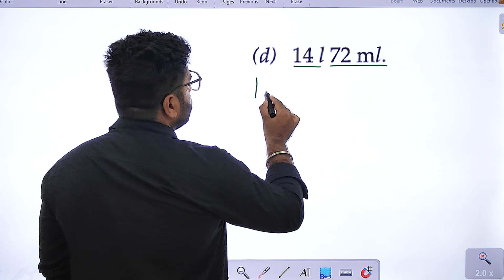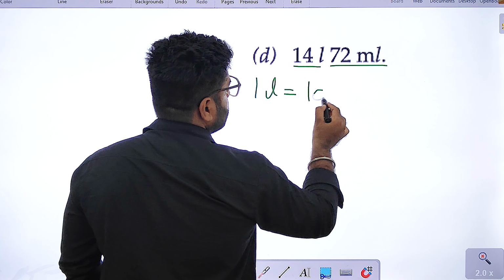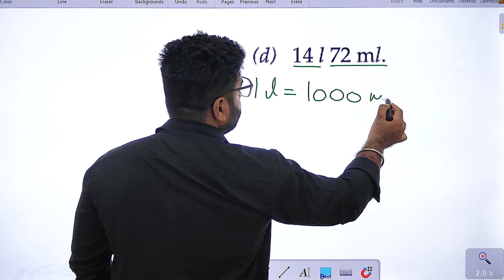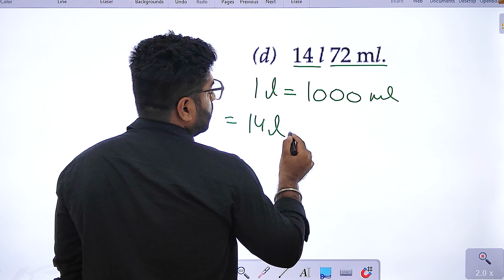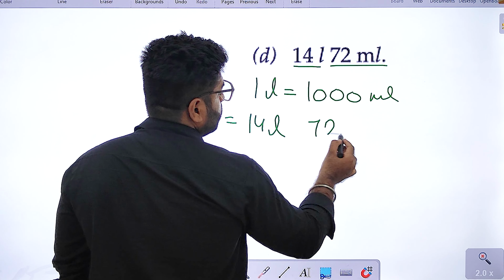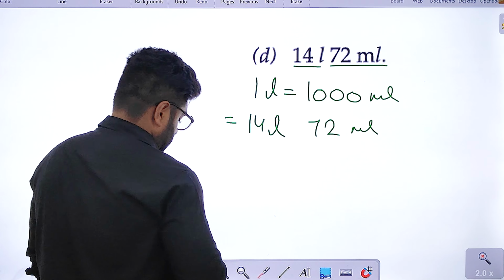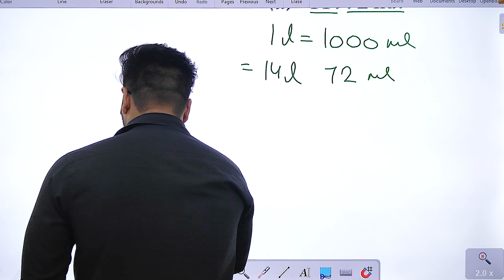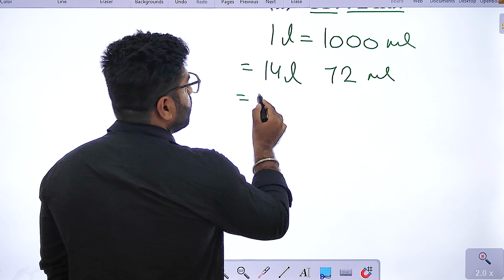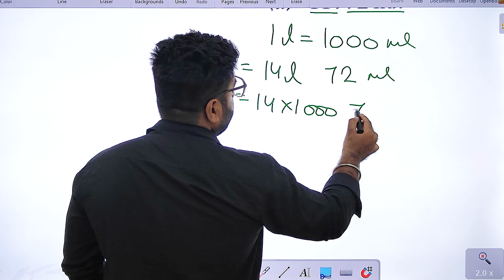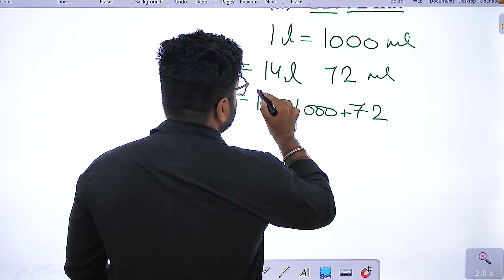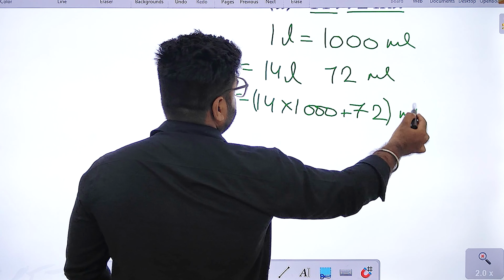So again, we know that 1 liter equals to 1000 milliliter. So here we are having 40 liter and 72 milliliter. So I am going to change first 40 liter into milliliter by multiplying by 1000. And here we are having already 72 milliliter.